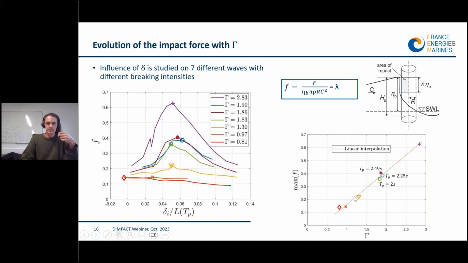And on the right, I plotted the maximum of F with respect to the gamma parameter, and we obtain a very linear relation between these parameters. So it seems that the maximum impact load that we can obtain evolves linearly with the gamma parameter.